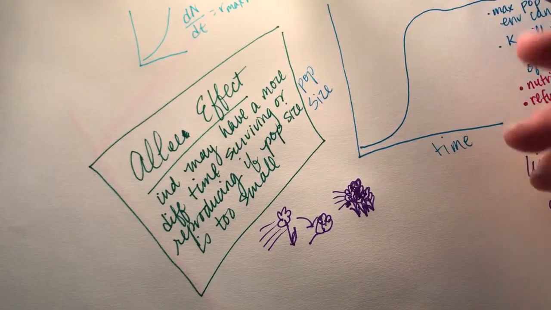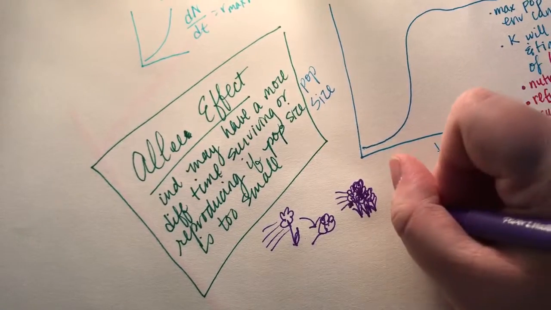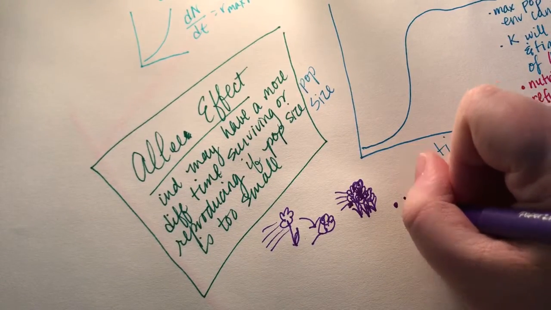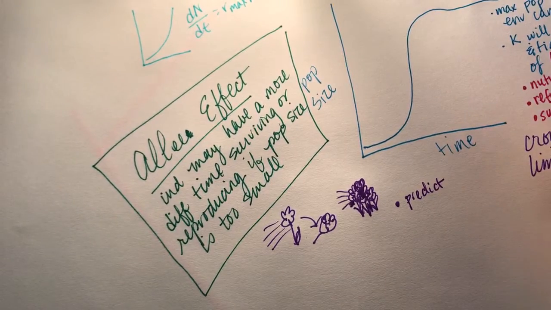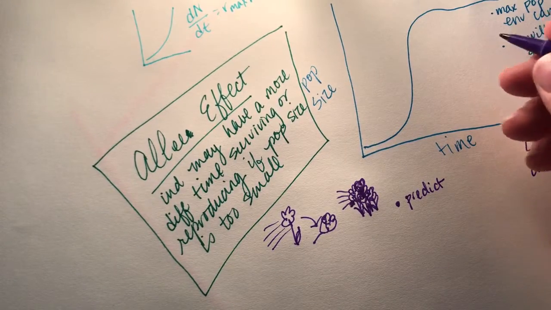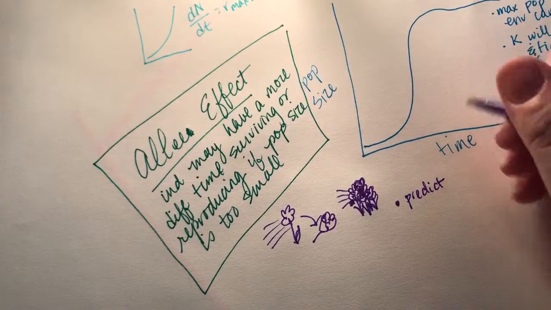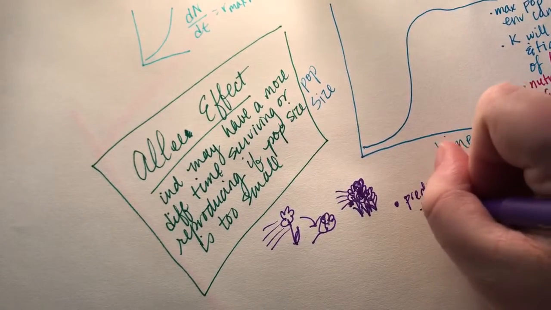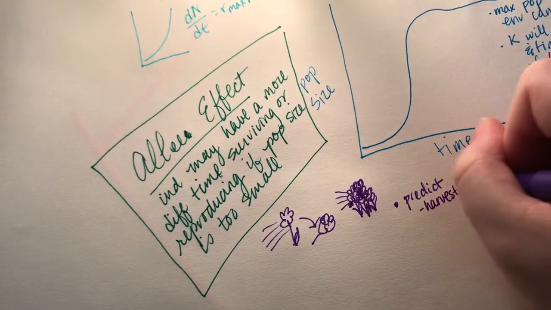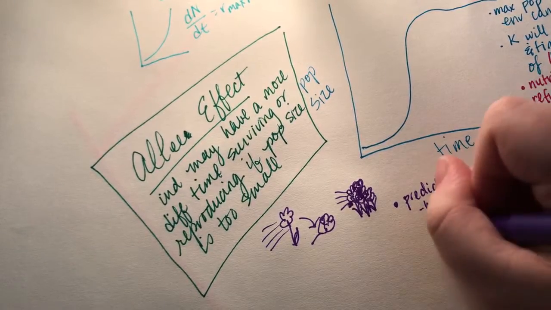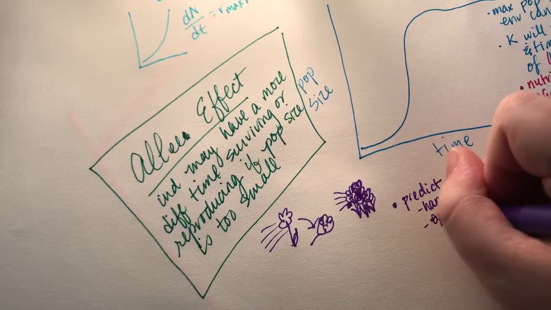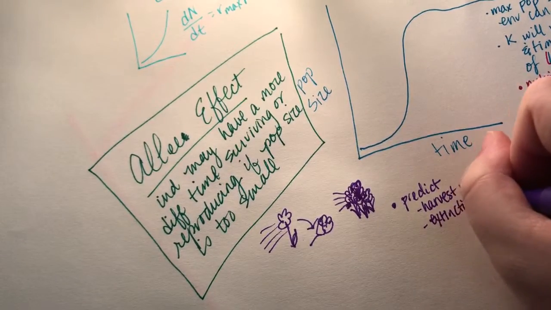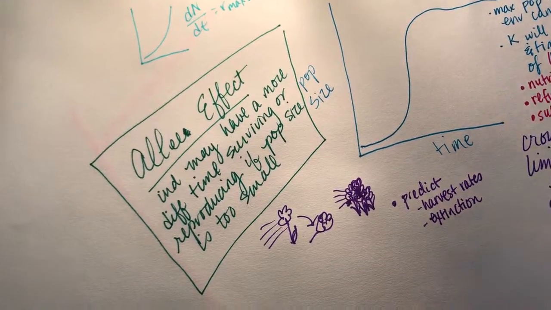The other things that this model is used for is to predict harvest rates for animals that are hunted, and to predict extinctions when populations get so low that they may not come back.